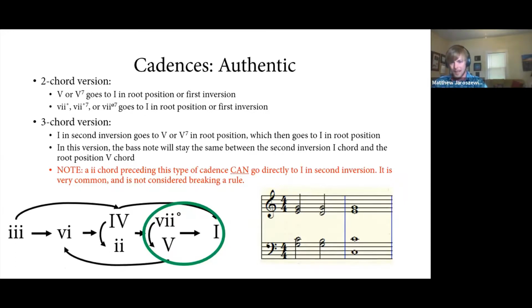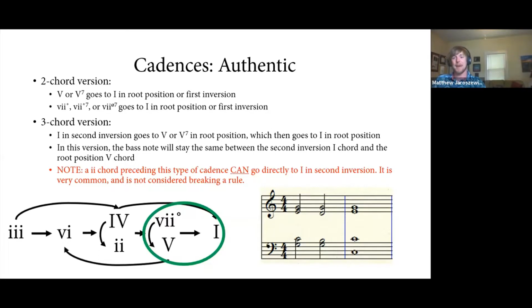So we're going to have it like that, or in first inversion. You're not really going to see a cadence end on a second inversion chord. It's a weaker sound.